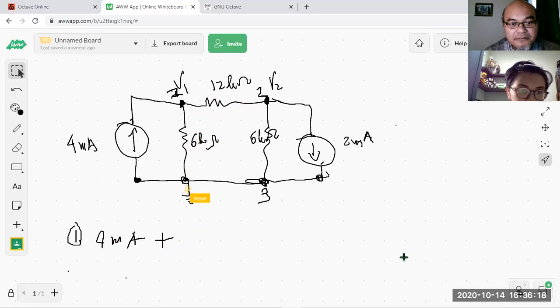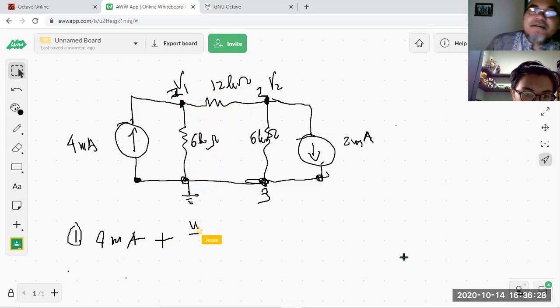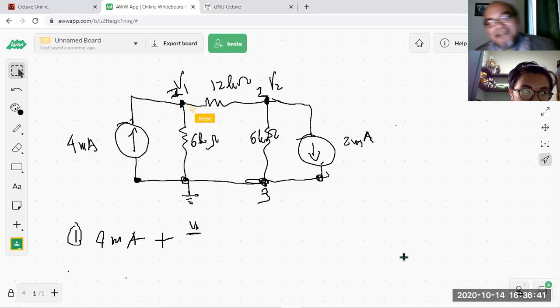Sir, so first the direction I write is V1 divided by the 12K resistor, right? Is that correct? So are you viewing from the perspective of current leaving the node or current entering the node? Entering.